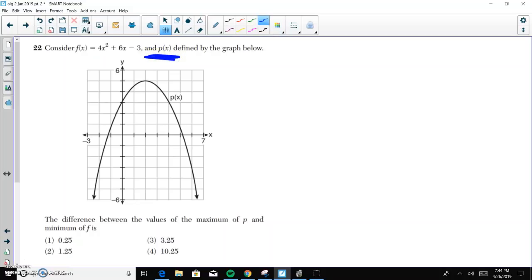So the maximum, I think it's pretty clear that it's at (2, 5). But remember, we only need the y value for the maximum. So the max is equal to 5.